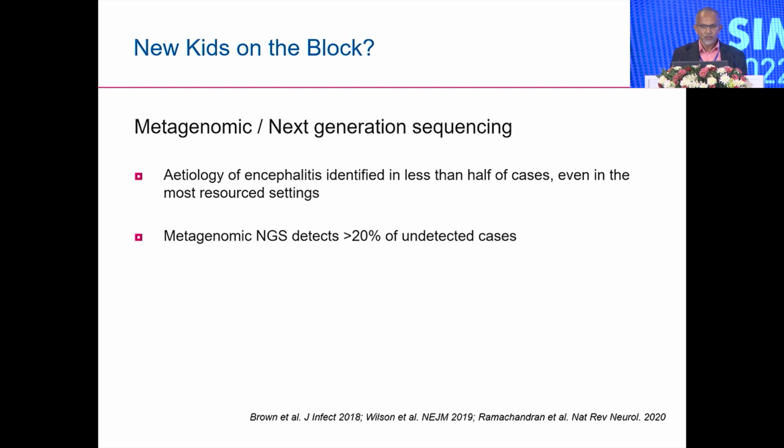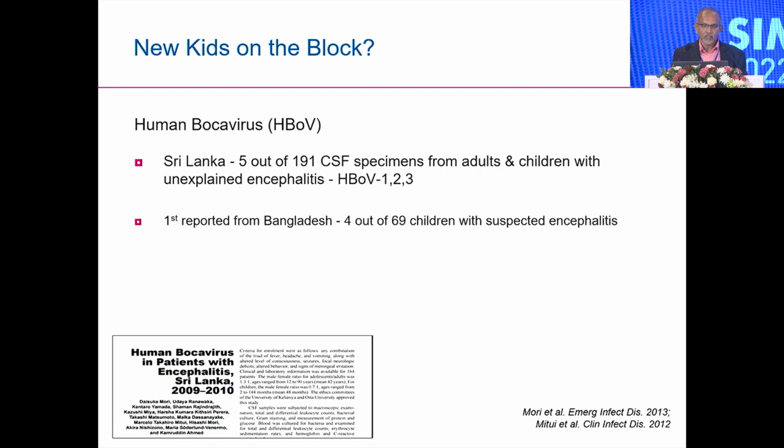And are there new infections that we have never thought of? There are newer techniques in infection diagnosis like metagenomic sequencing, which has been able to pick up CNS infections, especially undiagnosed, previously not thought of infectious causes in more than 20% of undetected cases.